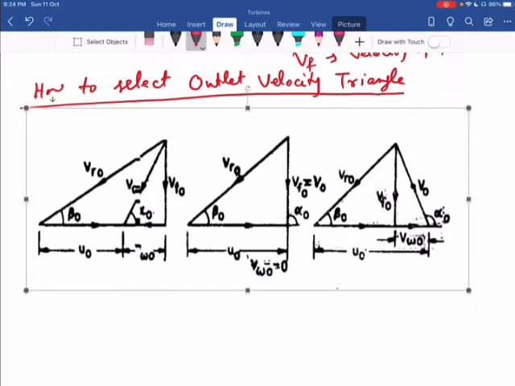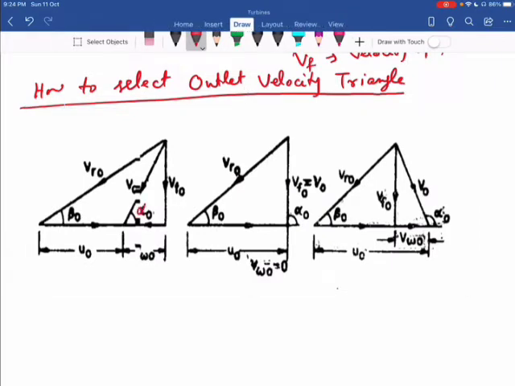So here in the first you can see angle alpha O is less than 90 degree. Okay. So here alpha O is equal to 90 degree, and in third alpha O is greater than 90 degree. So at outlet we have three different shapes of velocity triangle.